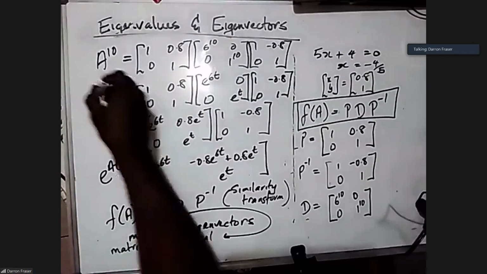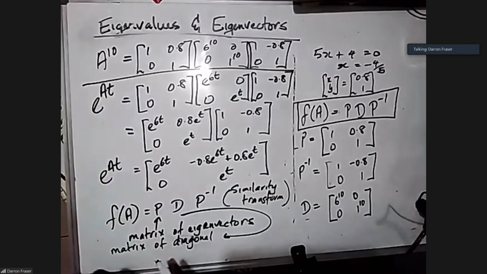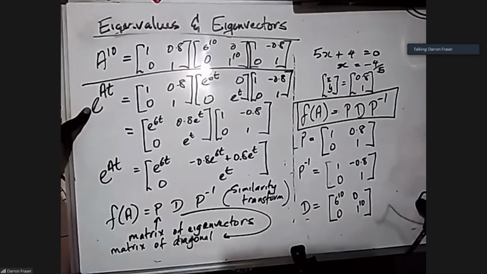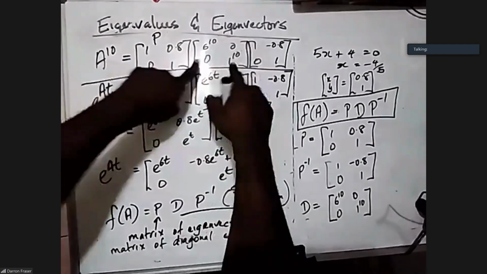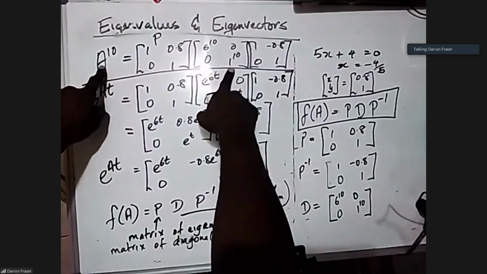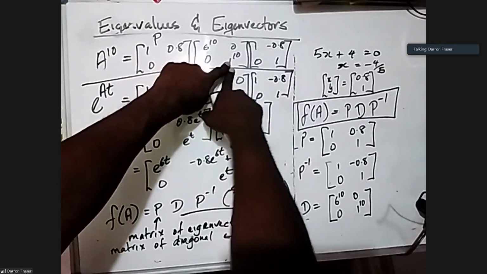No, so we can just clear up that this is one problem and this is the next one. Remember, there's two problems I asked you. Find A to the 10 and e to the At. So A to the 10 is P, the diagonal matrix made up of whatever the eigenvalue is raised to the 10. So 6 to the 10, 1 to the 10.